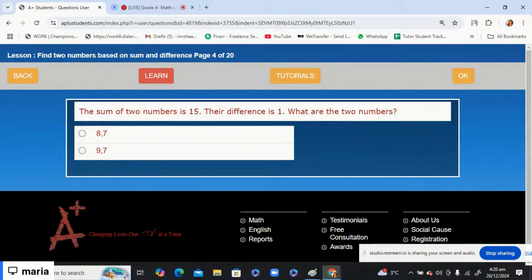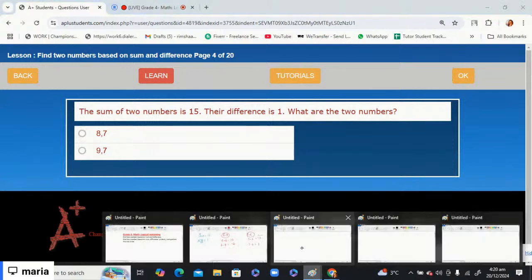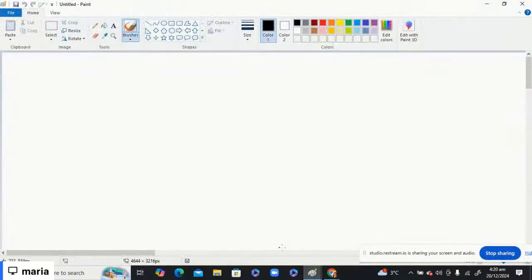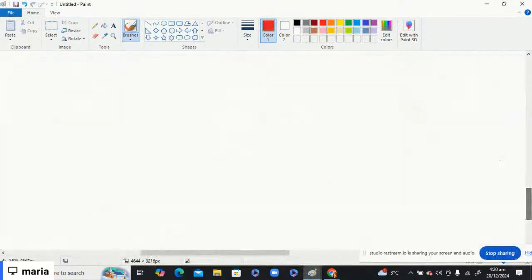The sum of two numbers is 15. The difference is 1. What are the two numbers? The options given are 8 and 7, 9 and 7.